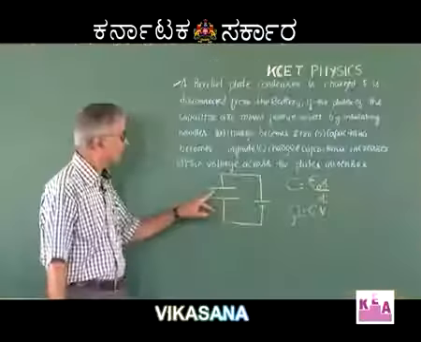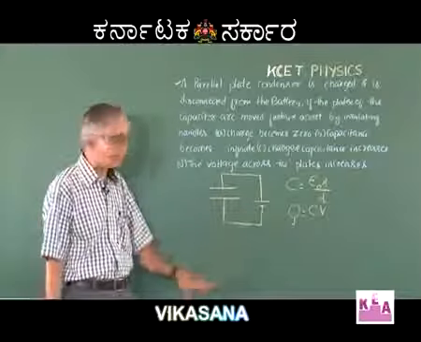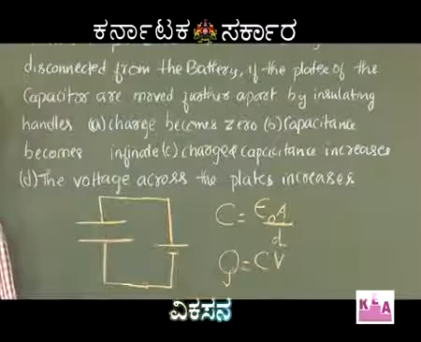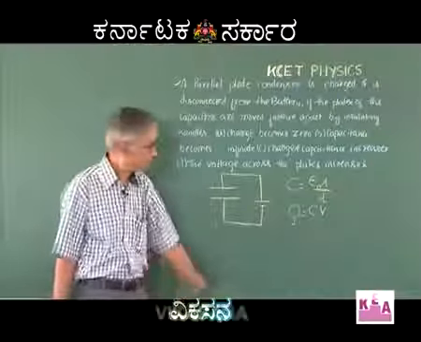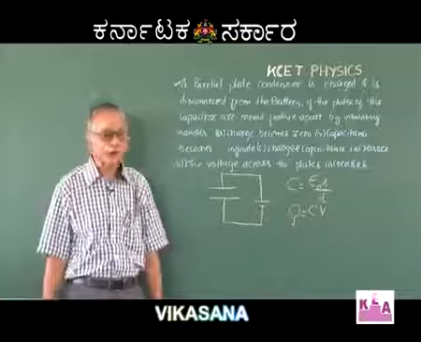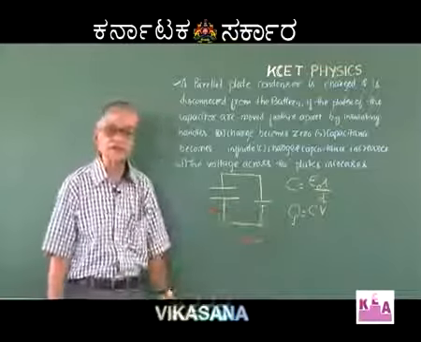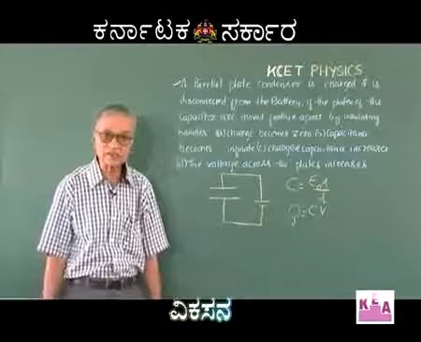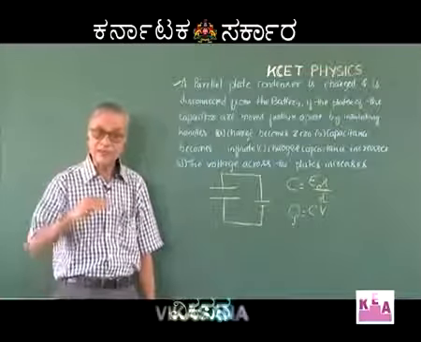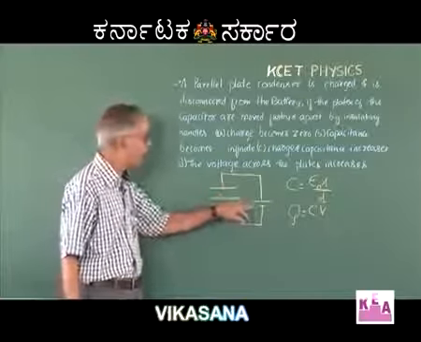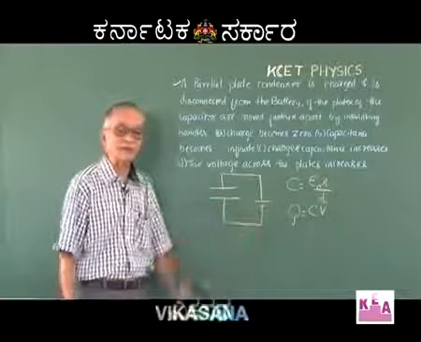Since the condenser is connected to the battery, potential difference across the plates of the condenser remains the same, but the capacity has decreased. Consequently, charge should decrease. If the charge on the capacitor decreases, then the charge will be rejected from the capacitor and it will be transferred to the battery.